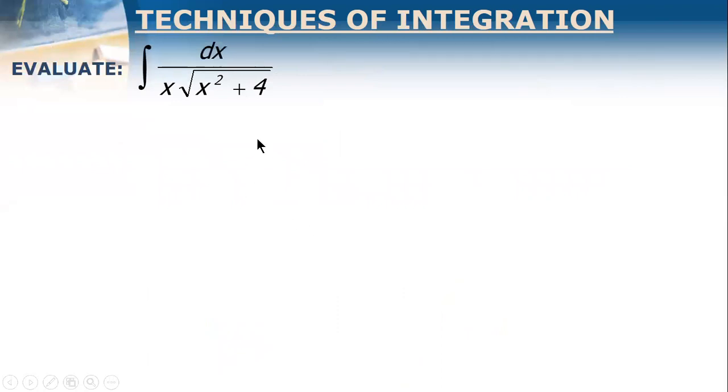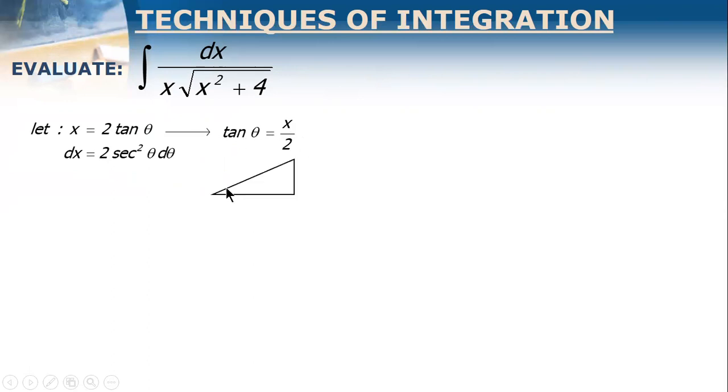Another one. Evaluate the integral of dx over x times square root of x squared plus 4. So 4 is 2 squared. So let x equal to 2 tangent theta, dx is 2 secant squared theta d theta. And then same procedure. Express tangent theta as x over 2, and then you draw a triangle as your guide.